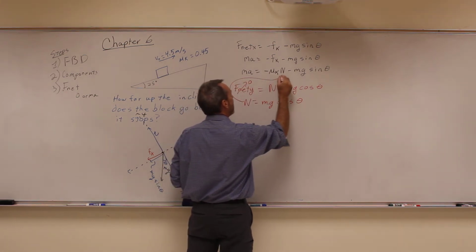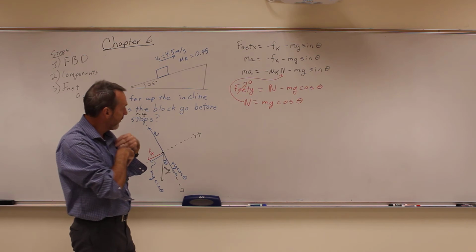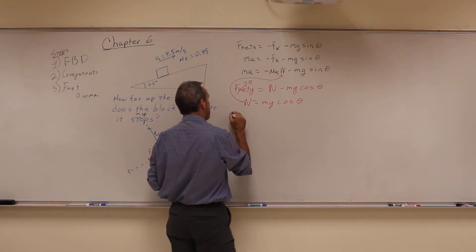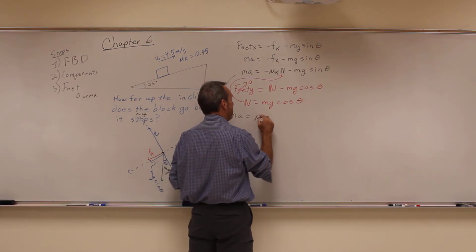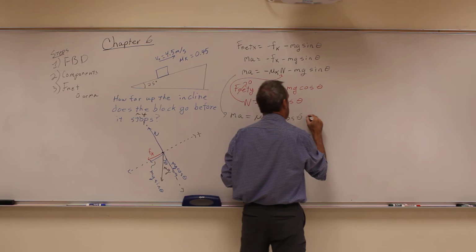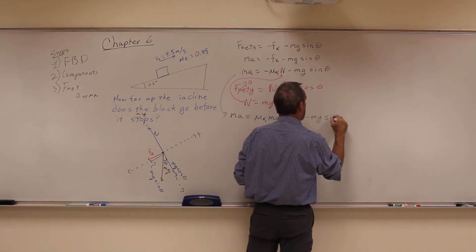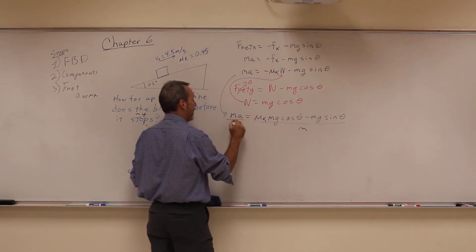Then I'm going to plug that back in right there, where it says normal force. So I'm rewriting this one: ma is equal to mu sub k times mg cosine theta minus mg sine theta. Then I'm going to divide both sides by m.